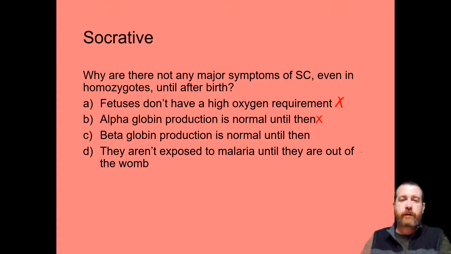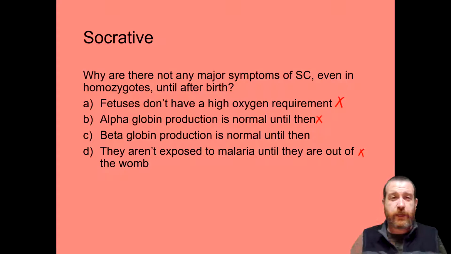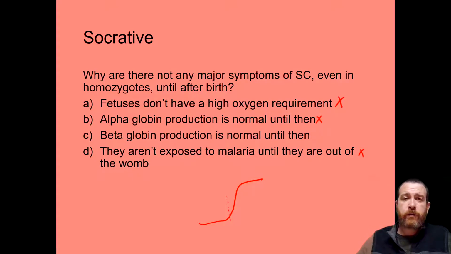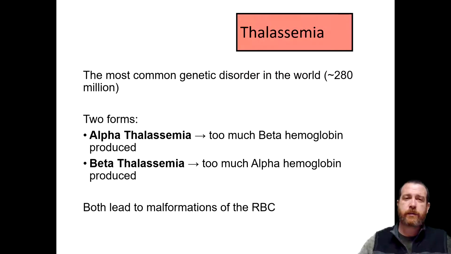And it's not really to do with malaria, because malaria is the thing that sickle cell protects you against, but sickle cell can still damage you if you're a homozygote. It is the fact that beta globin production only really starts to pick up after birth, right? Prior to that, we use mostly alpha and gamma globin production, rather than alpha and beta globin production. That is the distinction.